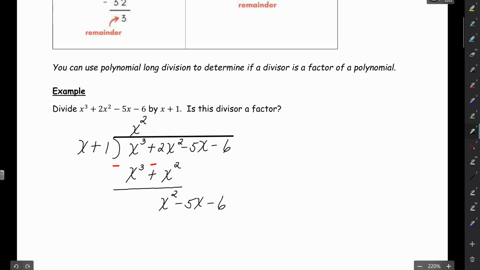Now we're going to repeat that process. What times x gives me x squared? Well, that would be x. So x times x gives me x squared. And then x times 1 gives me x.